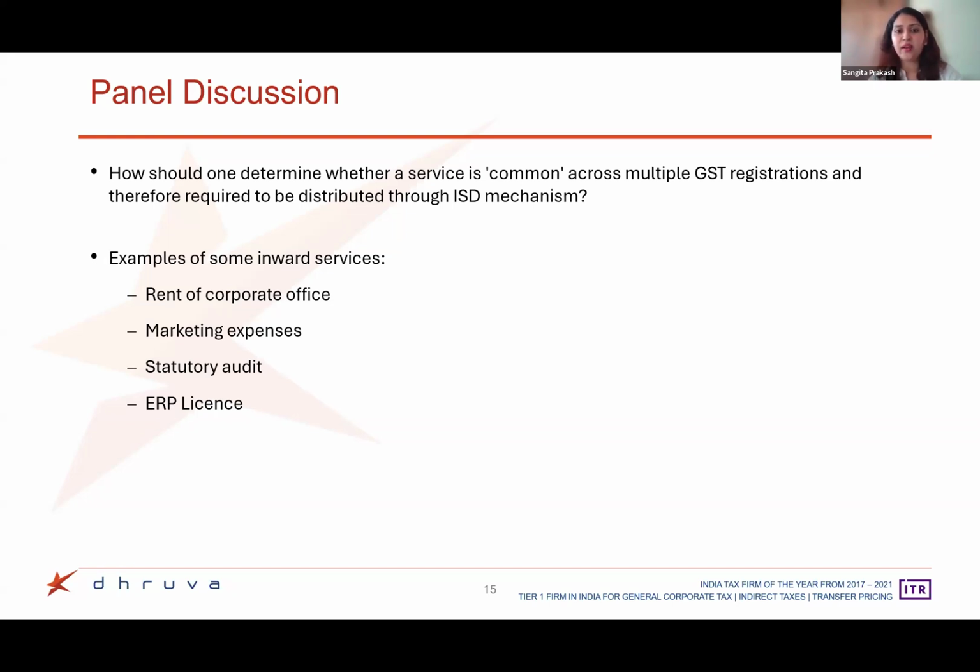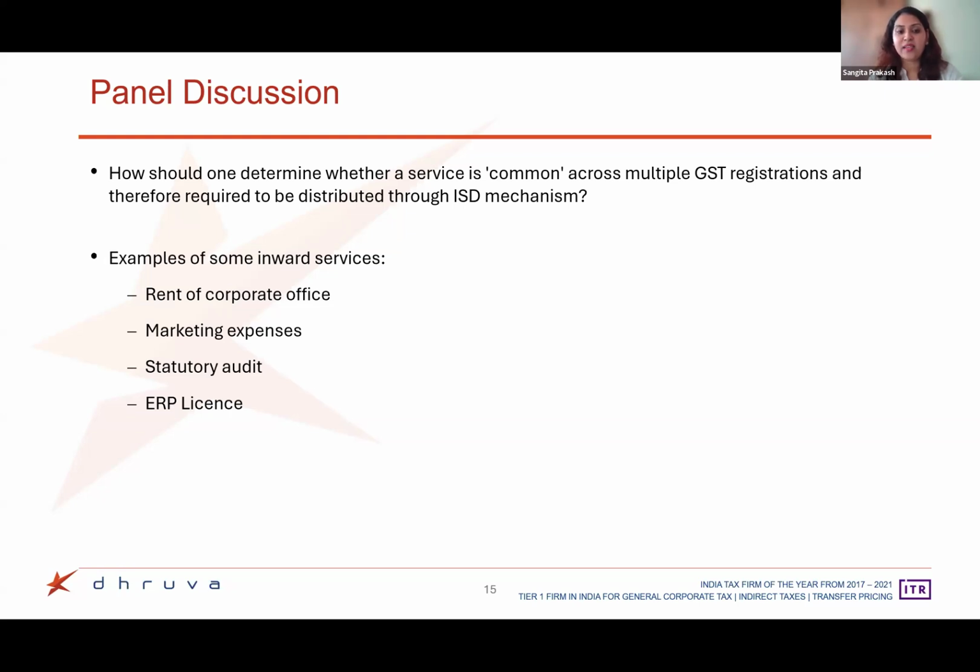So while generally speaking one could say yes, it should flow through ISD, I would urge everyone in the audience to review such credits very carefully, review underlying documentation, and only then determine whether it needs to flow through ISD or not. And even within the ISD mechanism, if the marketing expenses pertain to only a few locations, an ad in a regional newspaper, if it pertains to that particular region, and the benefit accrues to those branch offices, then you should be distributing it to only those states.